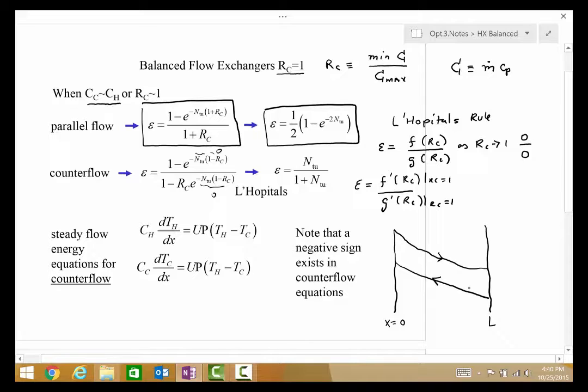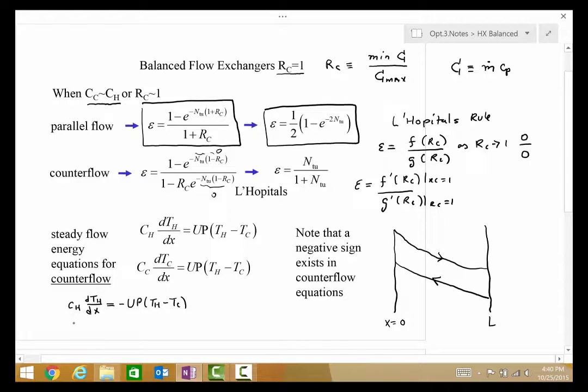If one were formulating this problem for the hot stream, you would say that CH dTH/dx is equal to minus U P (TH minus TC). So this is a case where the temperature gradient dTH/dx is negative.